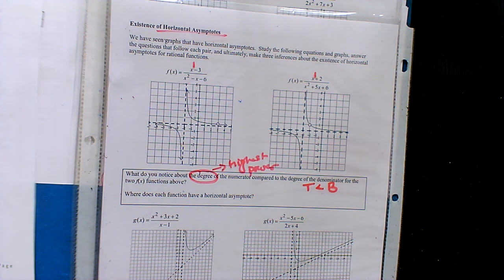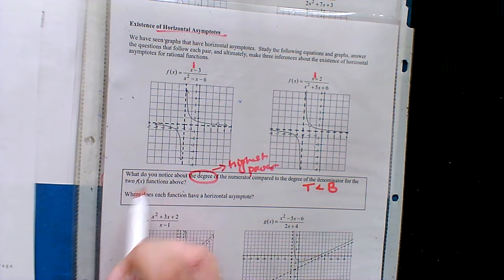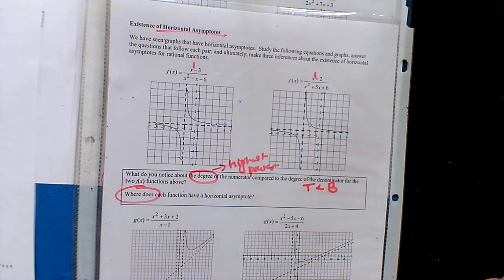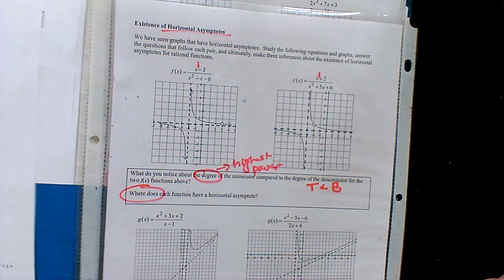What do you notice about the horizontal asymptote for both of these graphs? Can we list where it's located? Yeah?